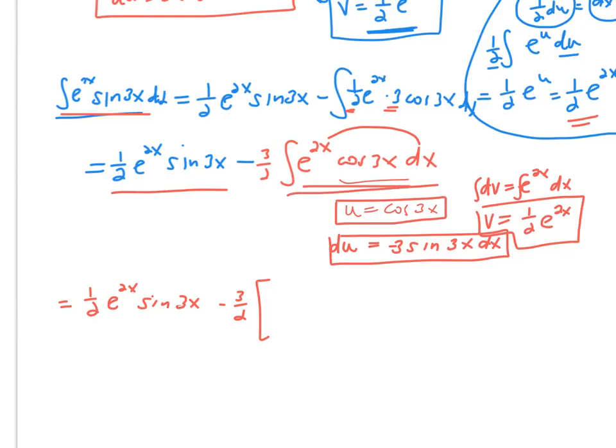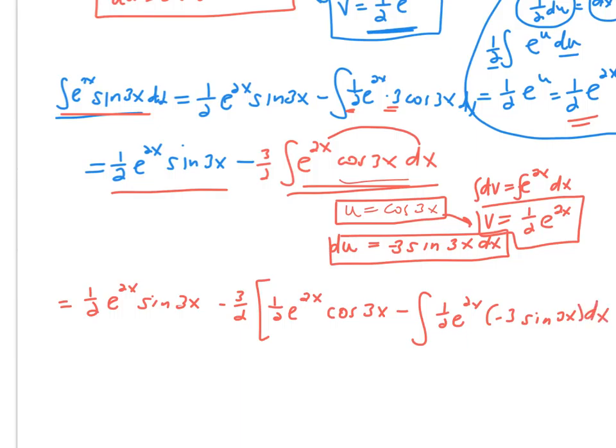So we're going to take u times v, so you have cosine 3x times 1/2 e to the 2x. I would rather see the 1/2 e to the 2x out in front, and then cosine of 3x minus the antiderivative of v, which is 1/2 e to the 2x times du, which is negative 3 sine of 3x dx.